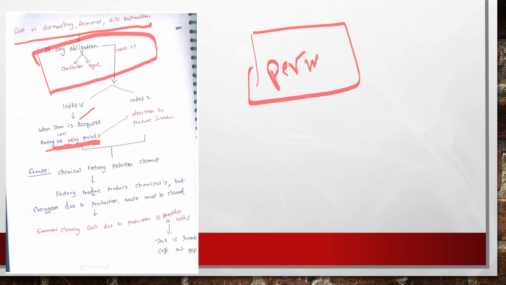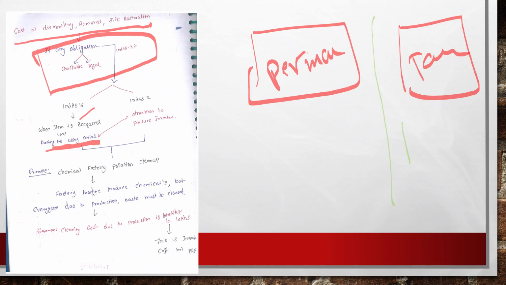Suppose there are two items. One is dismantling for permanent, and one is dismantling for temporary. Temporary means you acquire that PPE, and at stage one, in year one, you produced a few items.